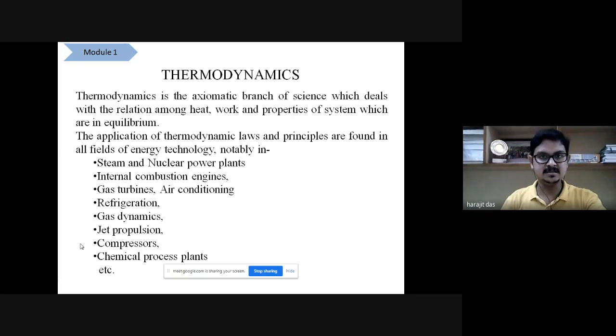Then gas turbines, air conditioning. You have one subject, refrigeration and air conditioning, in the 8th semester of your mechanical engineering. There you will come to know the application part of thermodynamics.